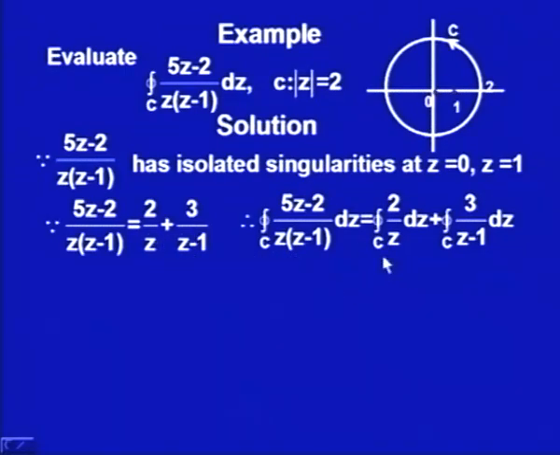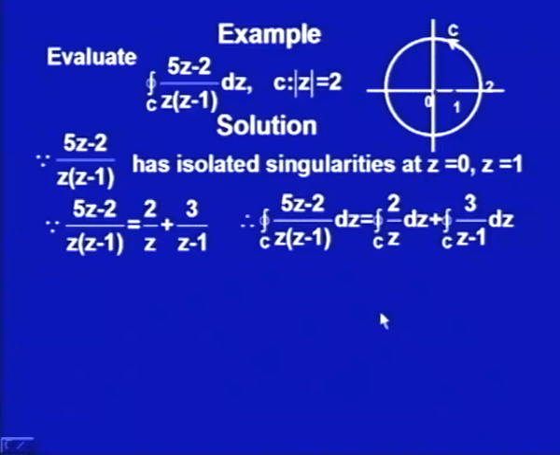By the integral properties it could be broken into two integrals. So, we get the integral of 2 by z along this contour C, and the integral of 3 upon z minus 1 along this C.